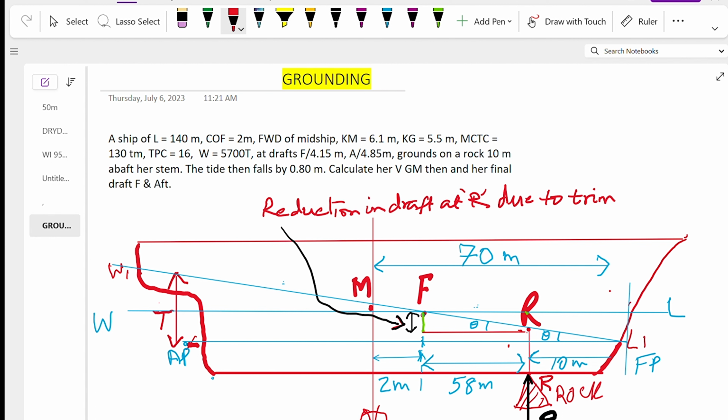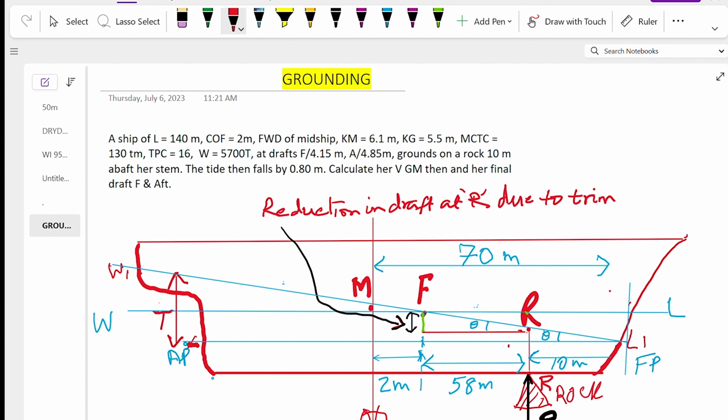So after the grounding, whatever will be the fall in water level, the draft at this point R, which is at grounding, will also reduce by the same amount as the water level. So how do we tackle this problem? Of course, there is an upthrust force P acting upwards at this point R, and it is equivalent to we have discharged P tons of weight from this point R at the keel.